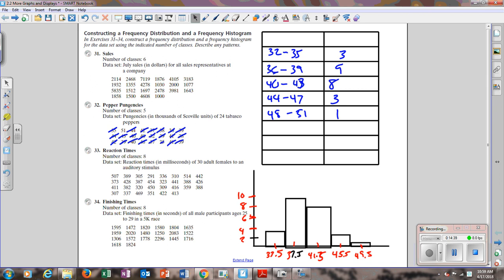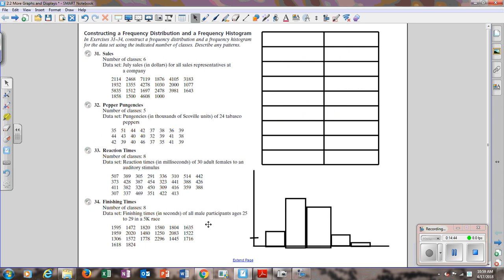Alright, number 33. Try not to mess this one up. No guarantees though. Highest number so far is 507. Let's see, a 514. Lowest number 307, 291.